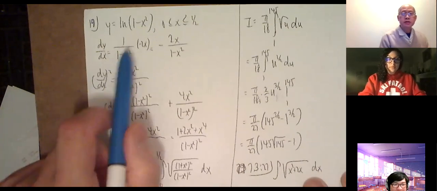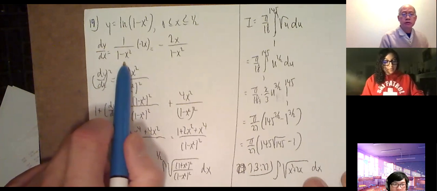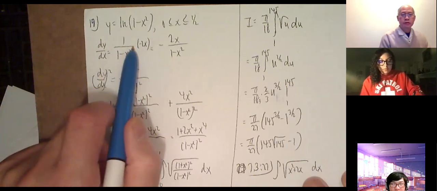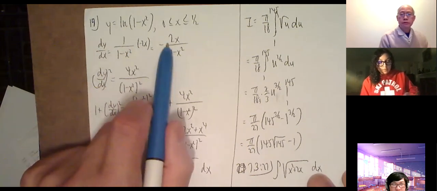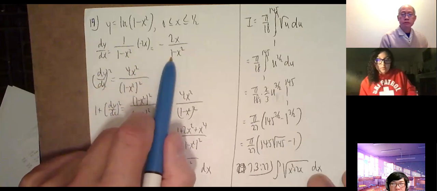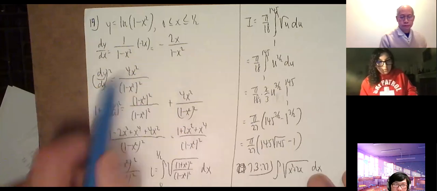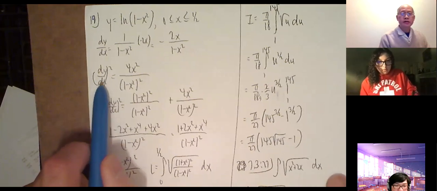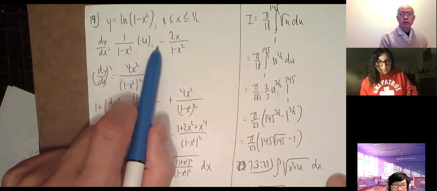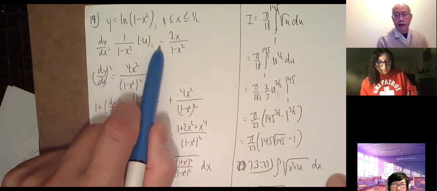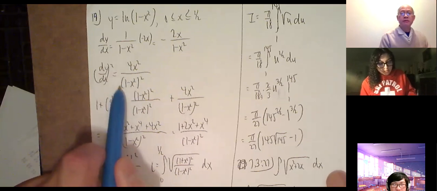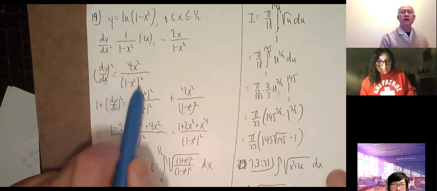So dy dx, 1 over 1 minus x squared, times the derivative of 1 minus x squared, negative 2x. Negative 2x over 1 minus x squared. Take the derivative, dy dx squared, okay. Well, the negative is going to go away when you square it, so forget about the negative. The top is 4x squared. The bottom is 1 minus x squared squared.